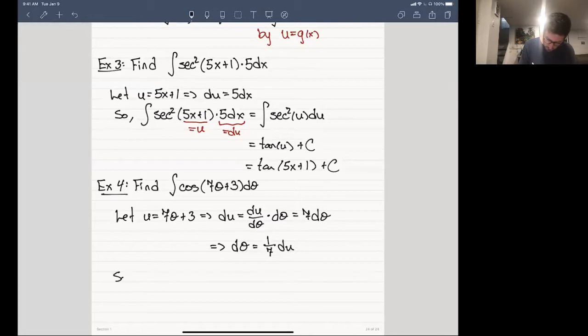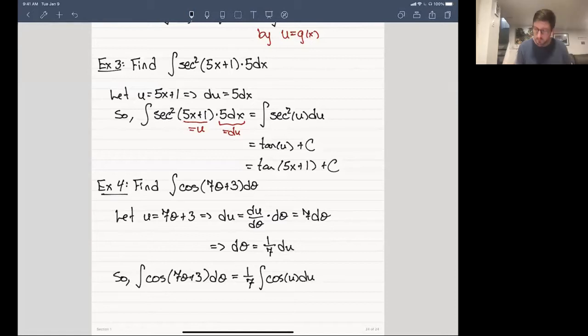And so if I do this integral, the 1 over 7 is going to come out in the same way it did with the second example. So let me take it out right off the bat. I get the integral of cosine of u du. And now I look for the antiderivative of cosine.